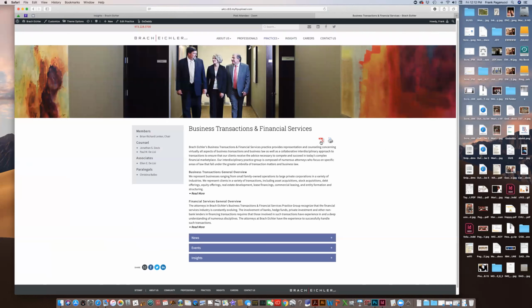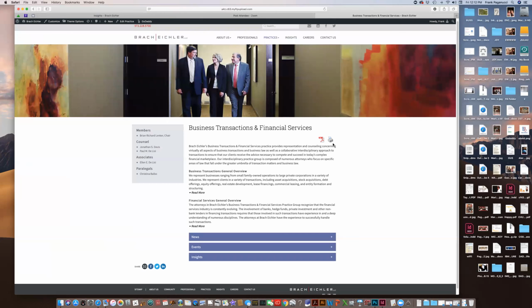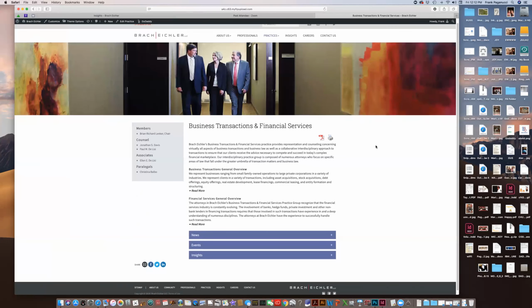Sorry? The PDF symbol, and can it be moved someplace else? Oh no, it cannot be done on the header or footer, because this is actually the placement. Can it be moved over here? Okay, yeah, hopefully yes.